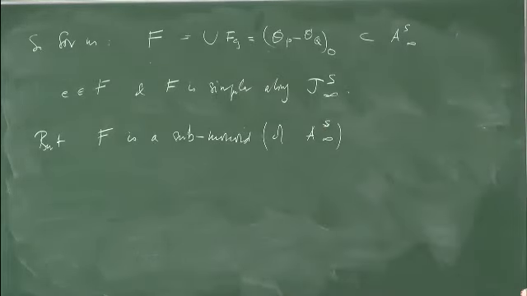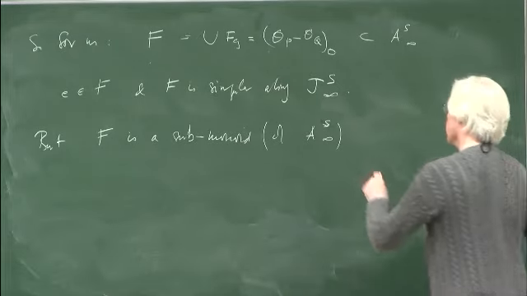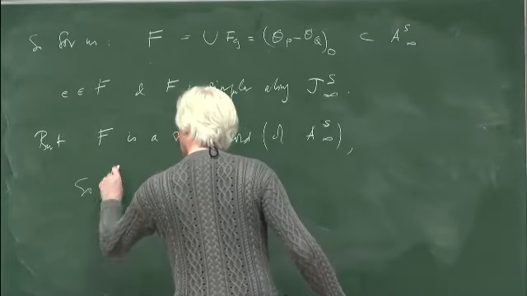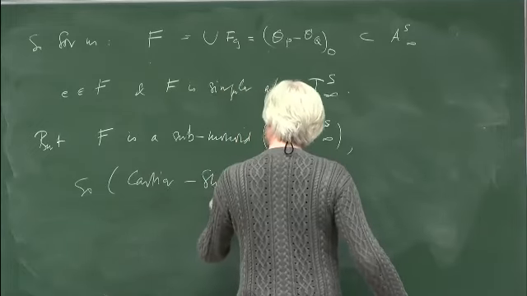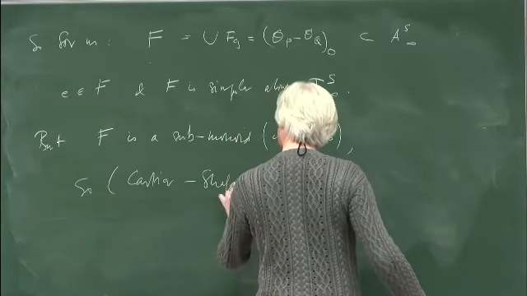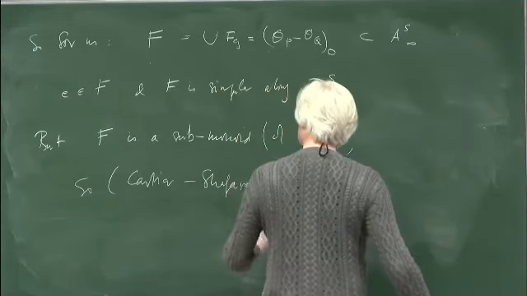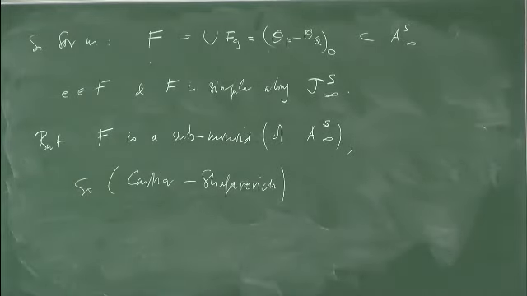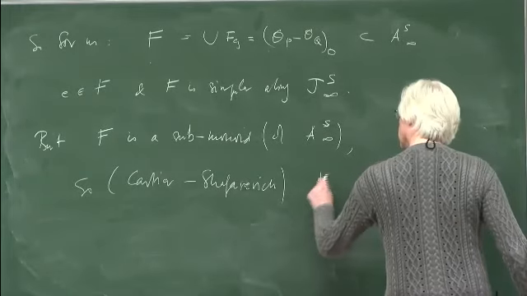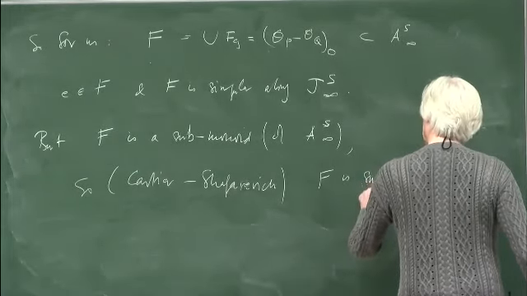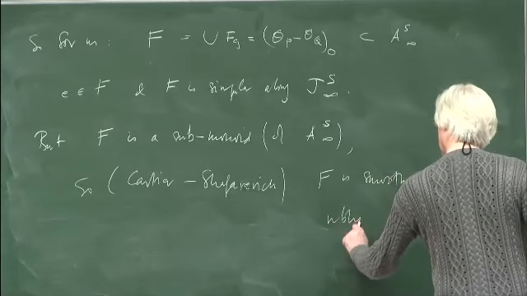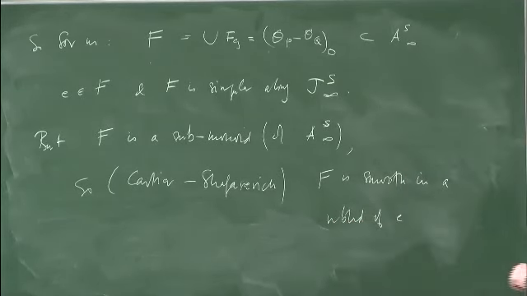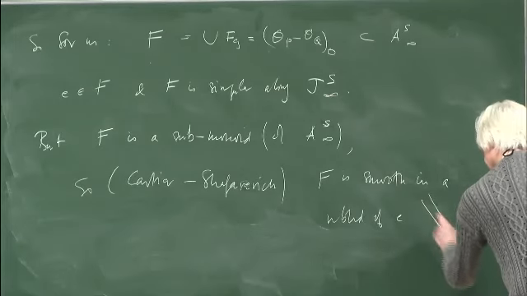So, by the result of Cartier and Shafarevich, Cartier in finite dimensions, Shafarevich in infinite dimensions, F is smooth in a neighborhood of E. Contradiction.